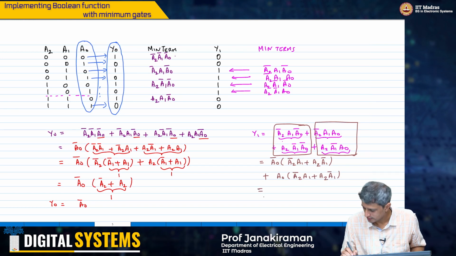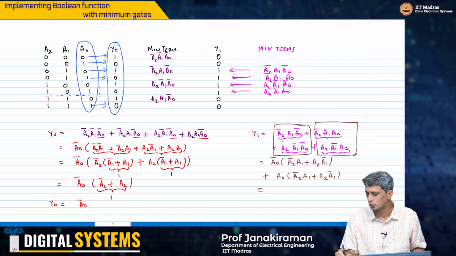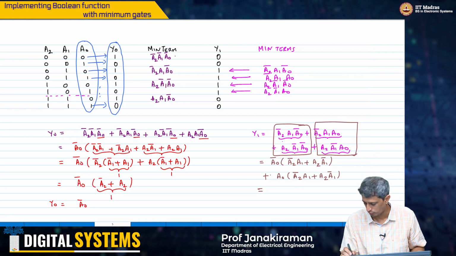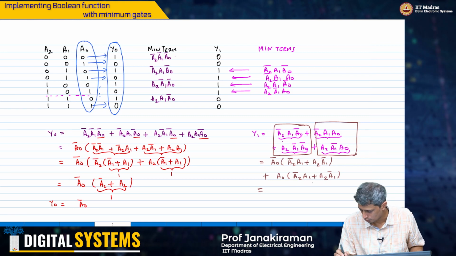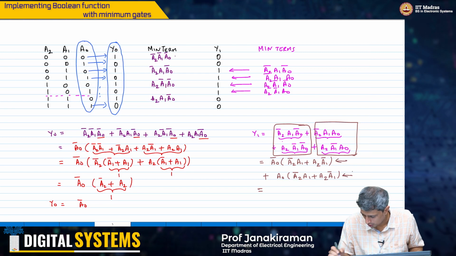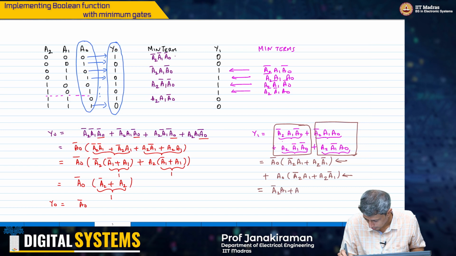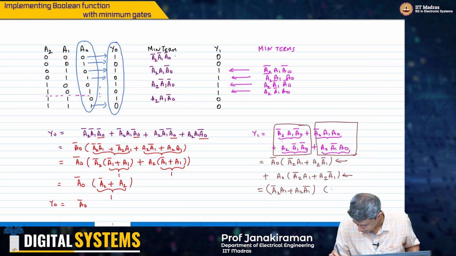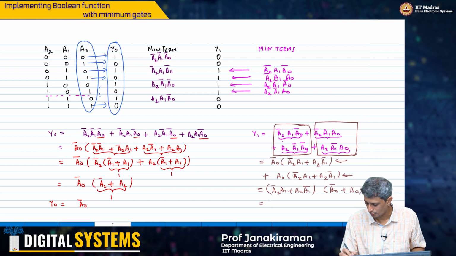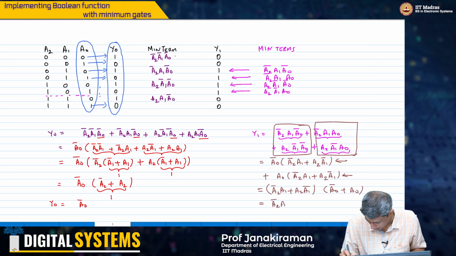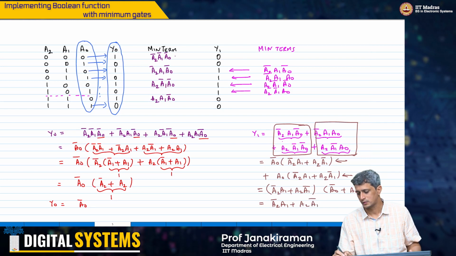Now it is very evident that A2 bar A1 plus A2 A1 bar is a common factor for both terms. So I can take it out, multiplied by (A0 bar plus A0), and therefore this is simply going to be A2 bar A1 plus A2 A1 bar.